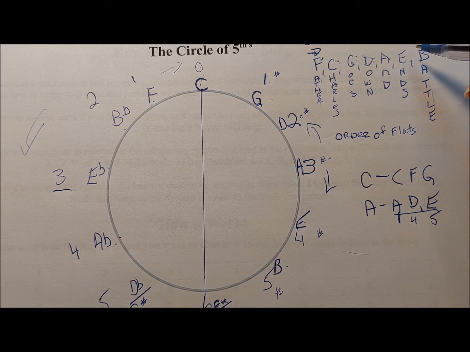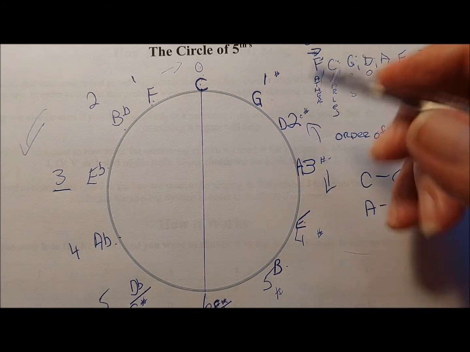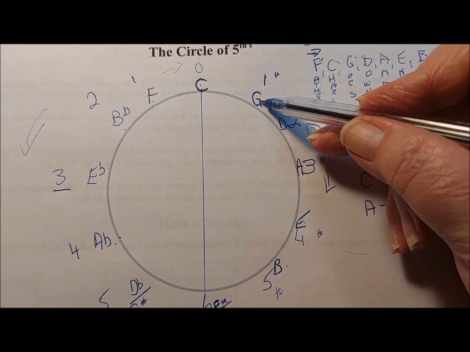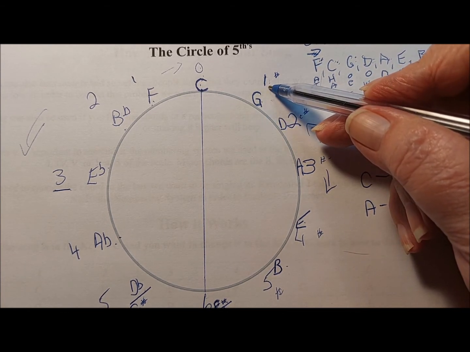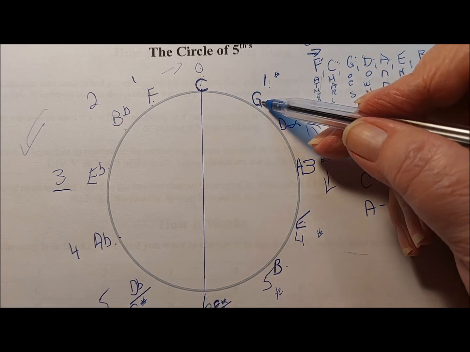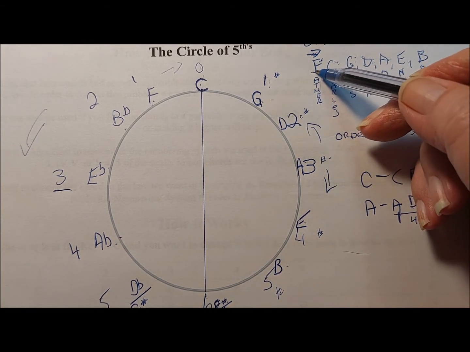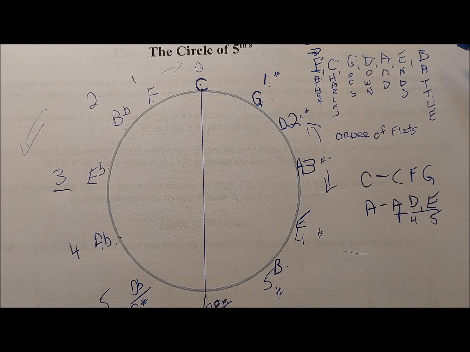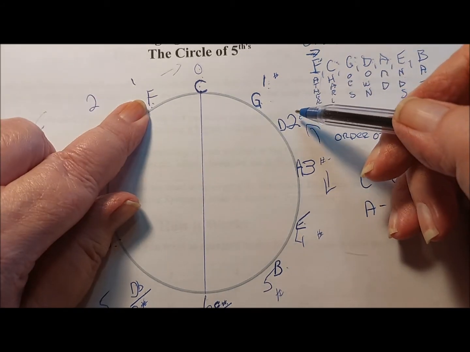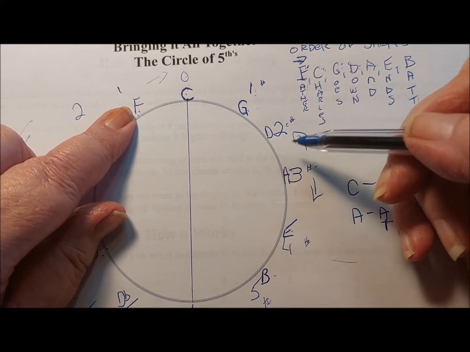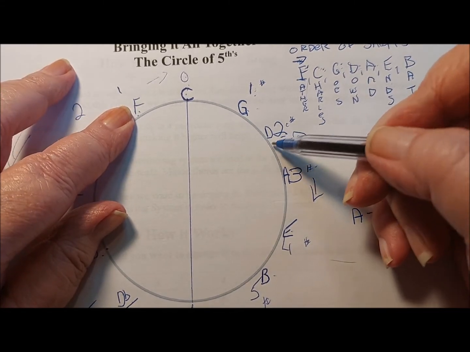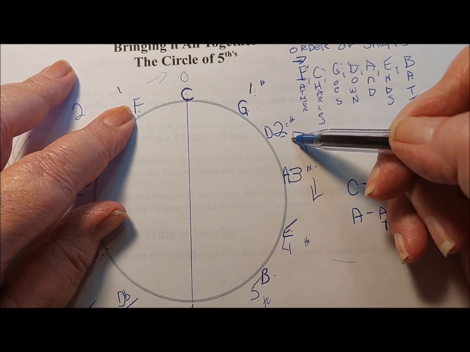Now there's another trick. If I'm in the key of G, and there's 1 sharp, what's that sharp going to be? It says my first sharp's going to be F. So I go back to here, and I get F for 1 sharp. The key of D has 2 sharps.